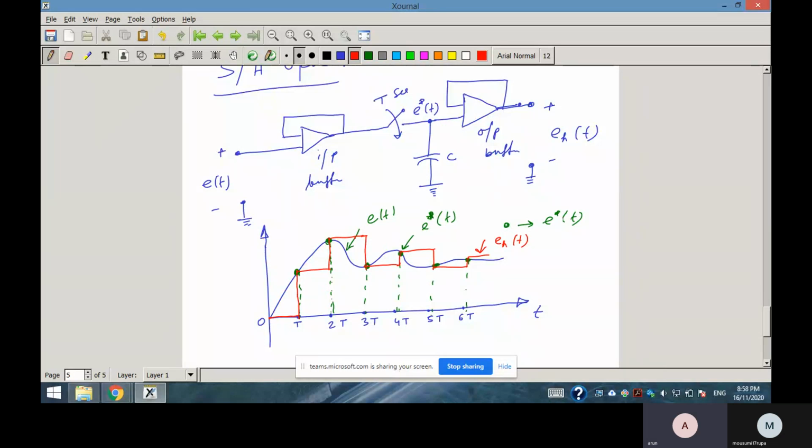Blue is your actual signal, and E star, that means green, these dots are your sample signal, and this red is your hold output, EHT. So this is your sample and hold operation.